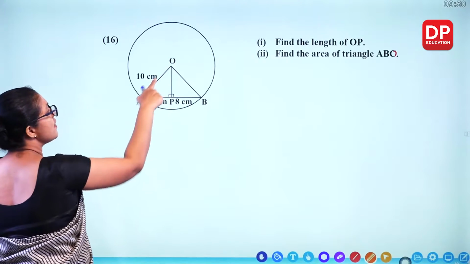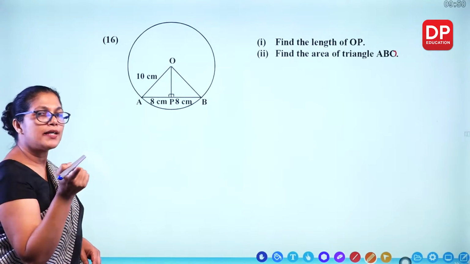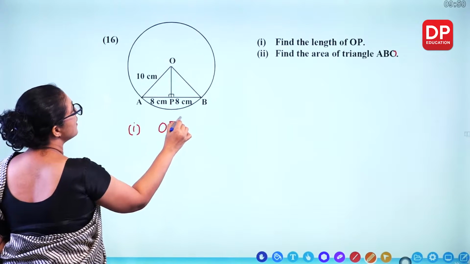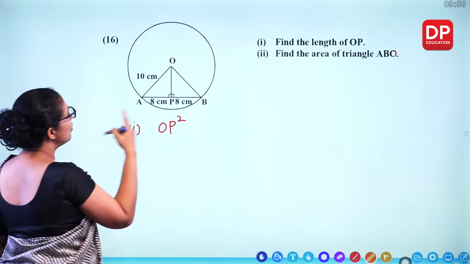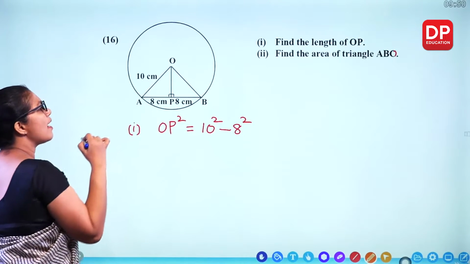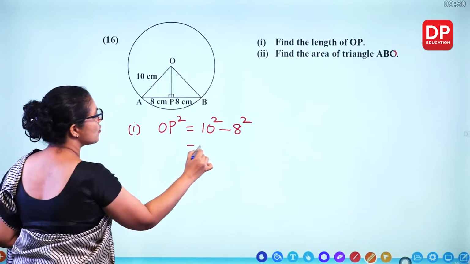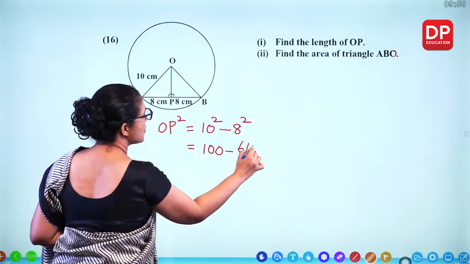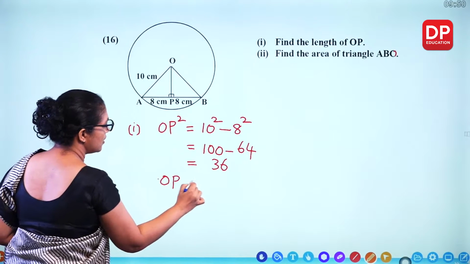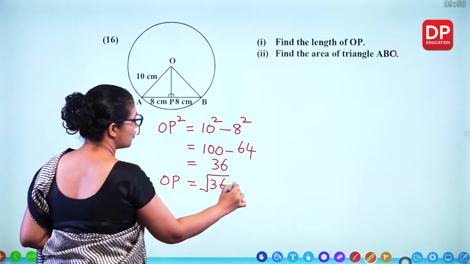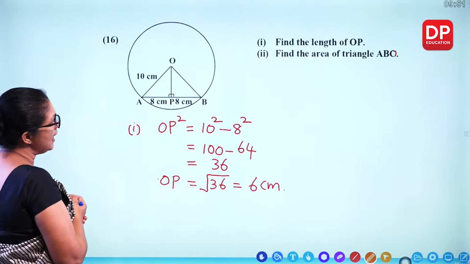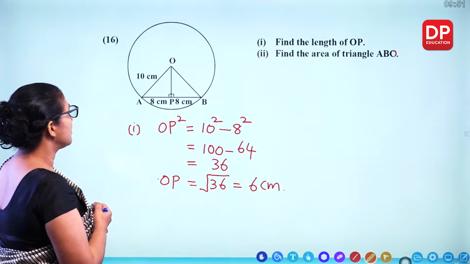So you can straight away find OP using Pythagoras theorem. OP squared is equal to 10 squared minus 8 squared because 10 is the hypotenuse. So 10 squared is 100 minus 64, you get 36. When you take the square root, you get the OP value. Square root of 36 is 6. So OP is 6 centimeters.